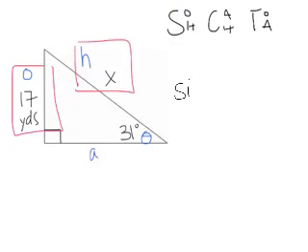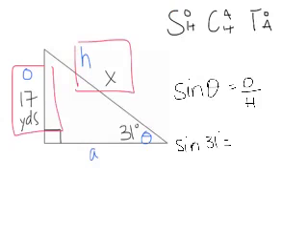The sine of theta is equal to the opposite over hypotenuse. From here we're going to plug some things in. My theta is 31 degrees, and that's equal to my opposite, which is 17, over my hypotenuse, x.